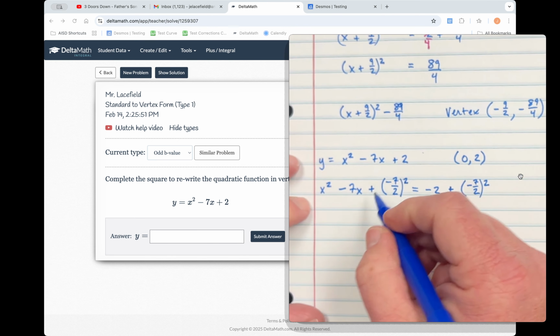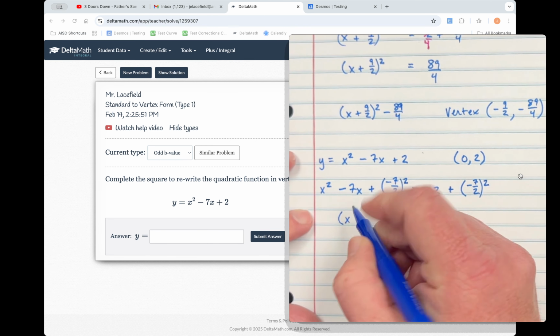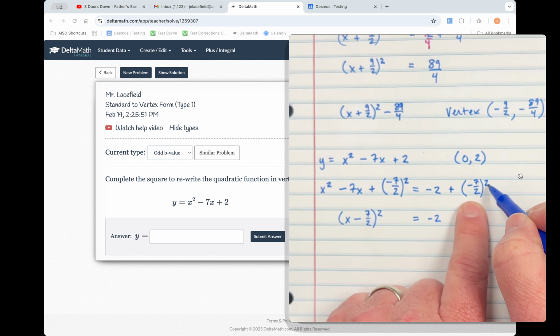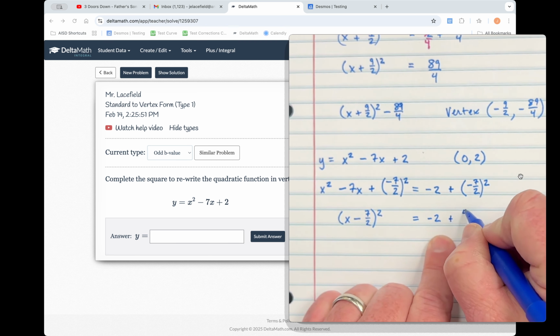Okay, now this part here on this side, we can rewrite this as x minus 7 halves squared. And on the right side, this is negative 2. And then negative 7 squared is 49. 2 squared is 4. So we're adding 49 over 4.